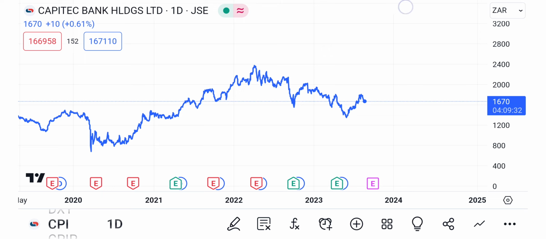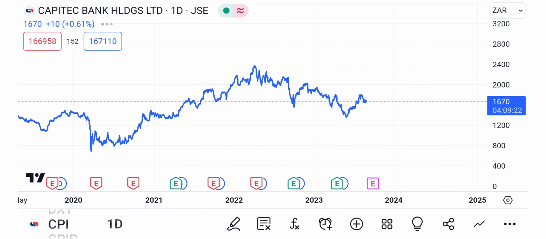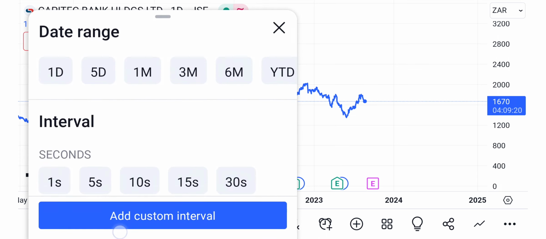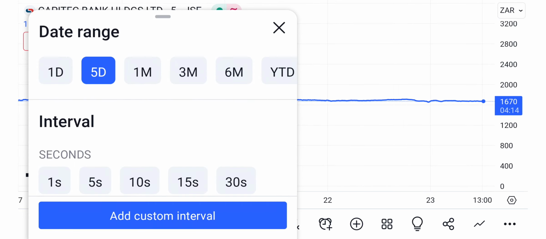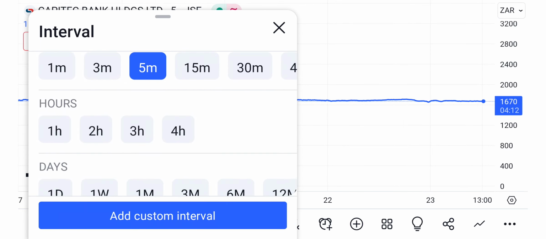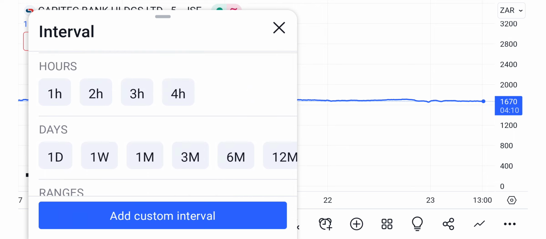When you want to change, 5 days, 1 week, 1 year.